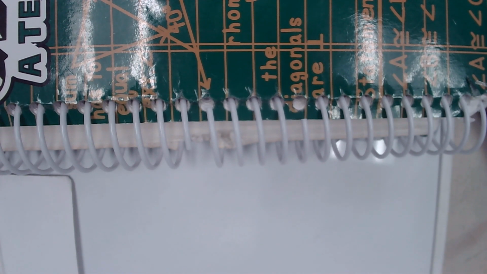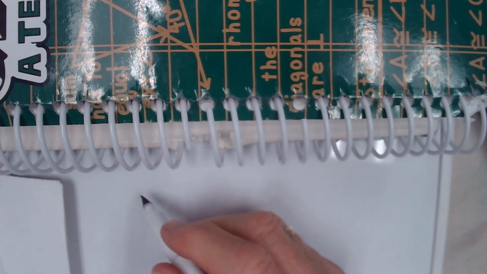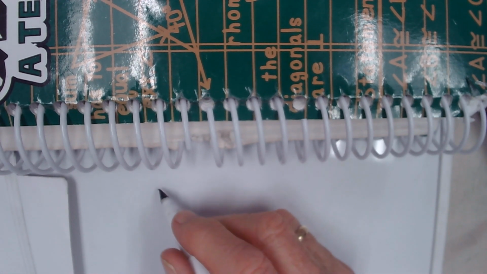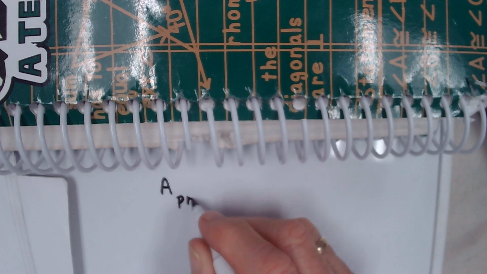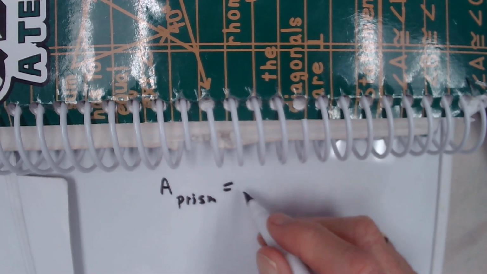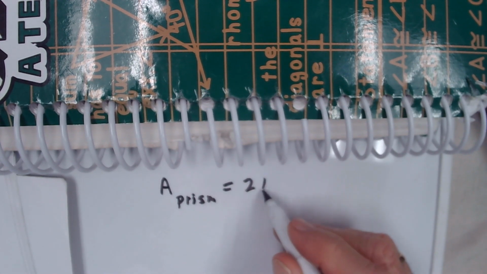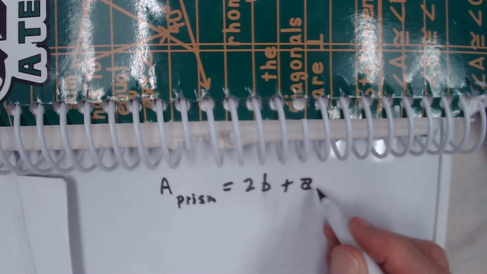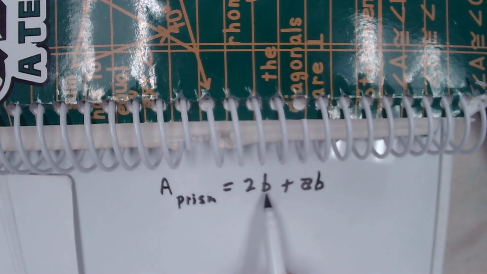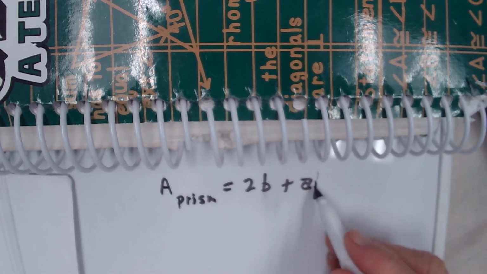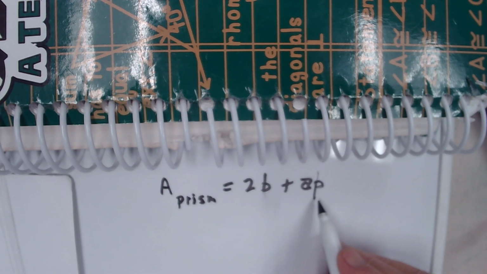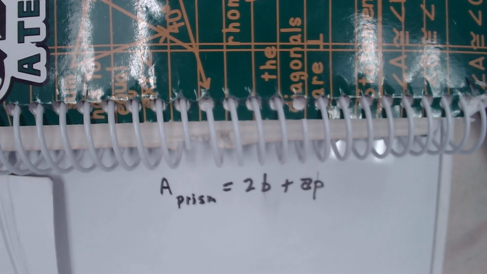Anyhow, the formula for the surface area of the prism, I think, is equal to 2B plus AP. That's 2 times the base plus the altitude times the perimeter. That's the real formula. But I don't know how we make that out of these words here.